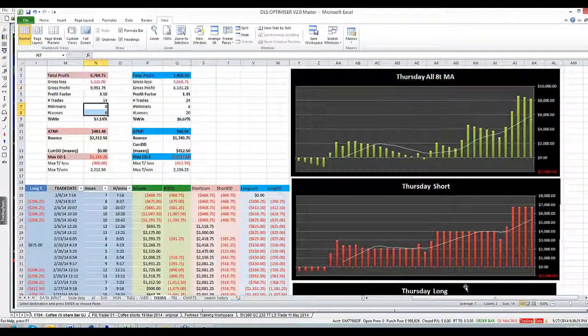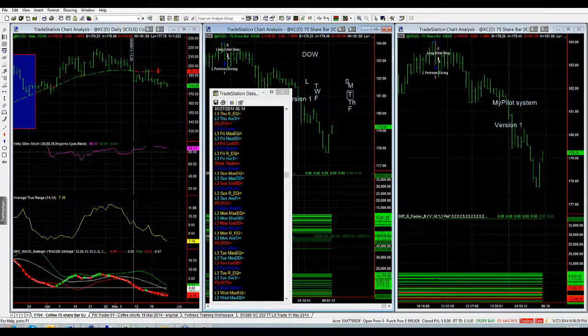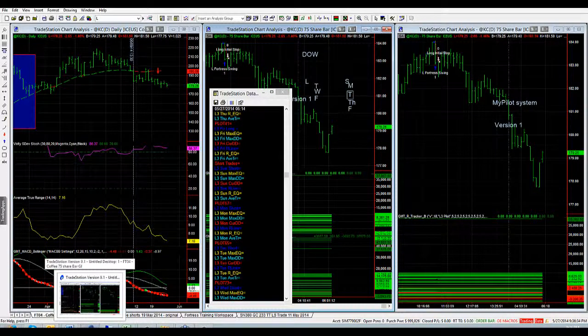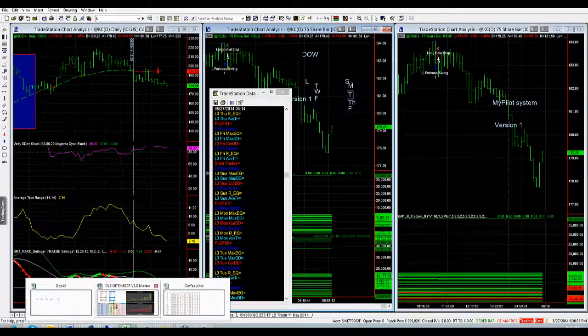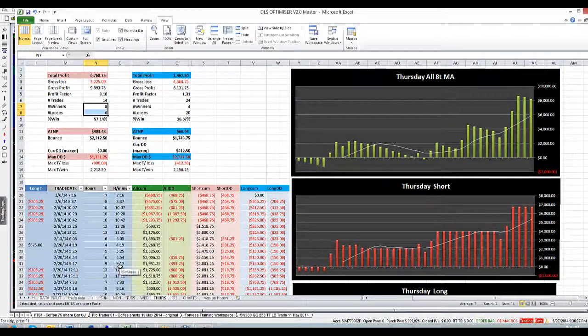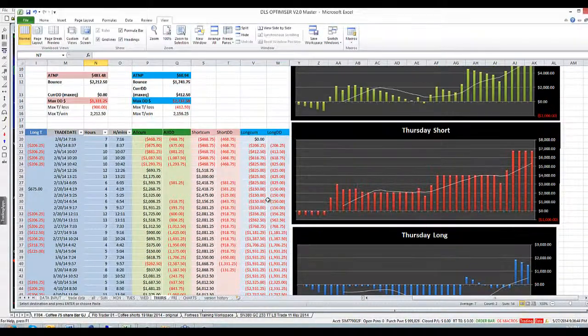Now, Thursday longs, are we trading Thursday longs? Let's just go back and double check that. Tuesday, Wednesday, Friday. We're not trading Thursday longs, so we don't have to really worry about it because we haven't got it on anyway. And it's a good decision because, well, actually, Thursday longs is actually profitable.